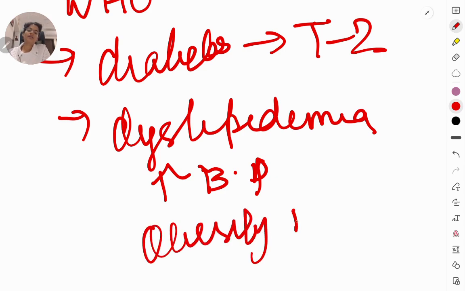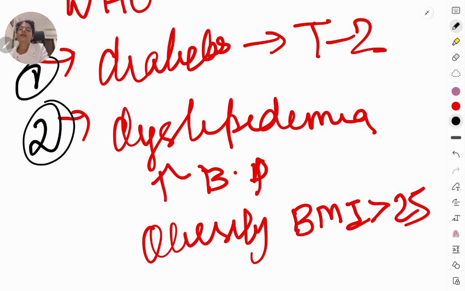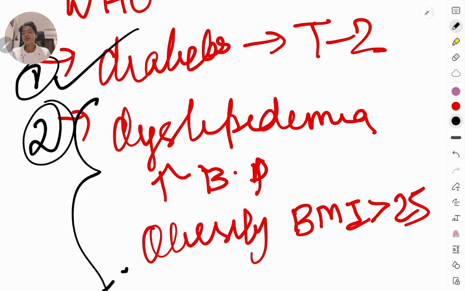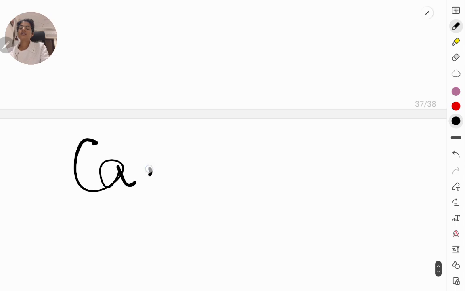How obesity? If the BMI is more than 25. So these are the things, and it could be any two of the second parameter. The first should be compulsory, and among these three there should be any two, so that we keep the person in the category of metabolic syndrome.